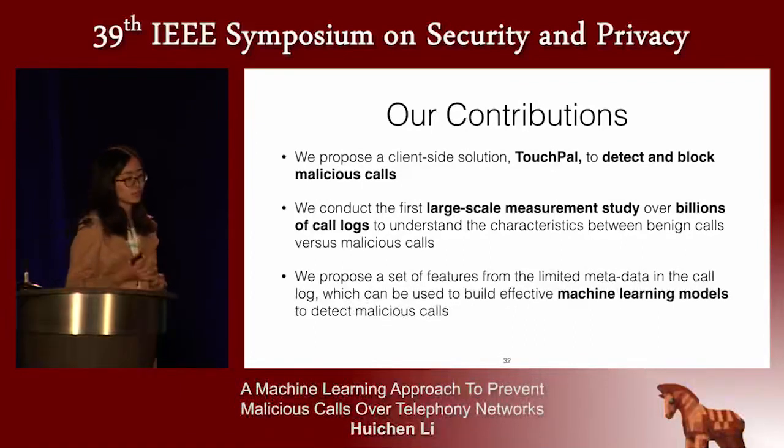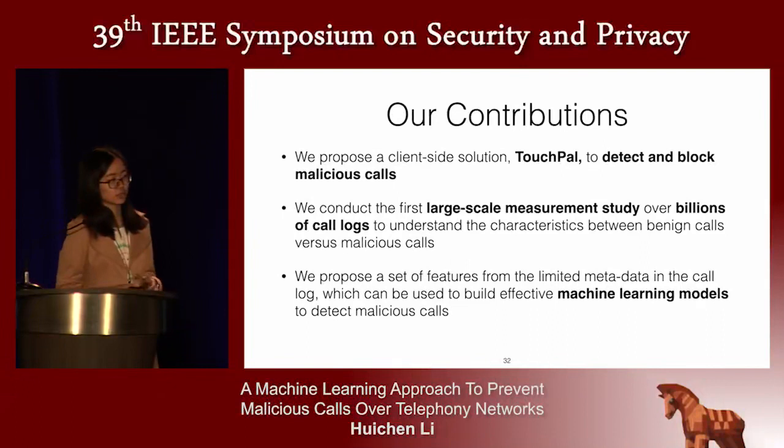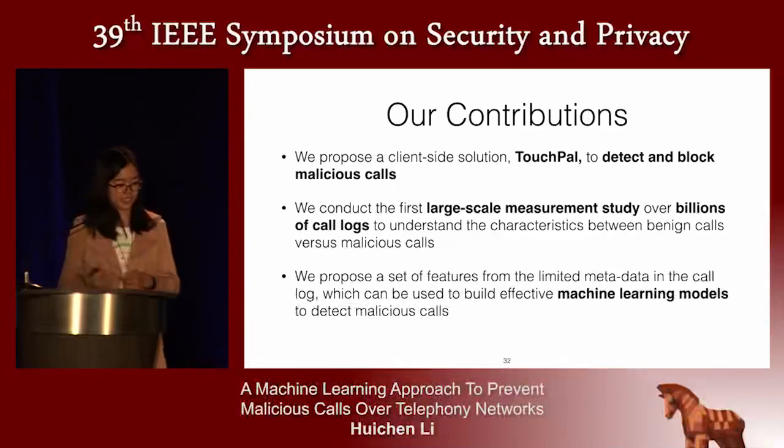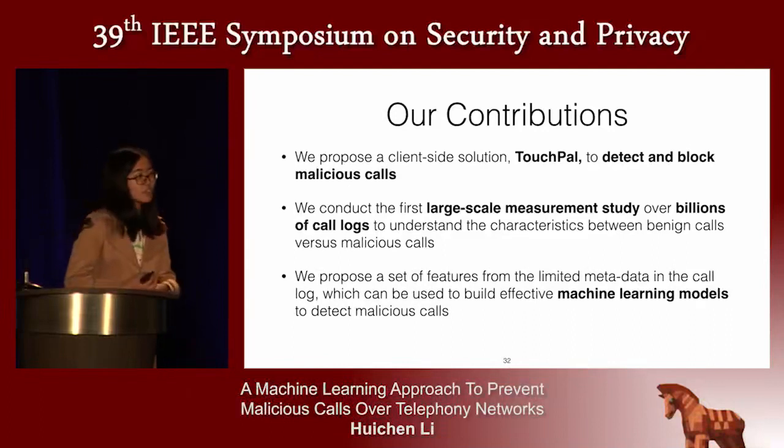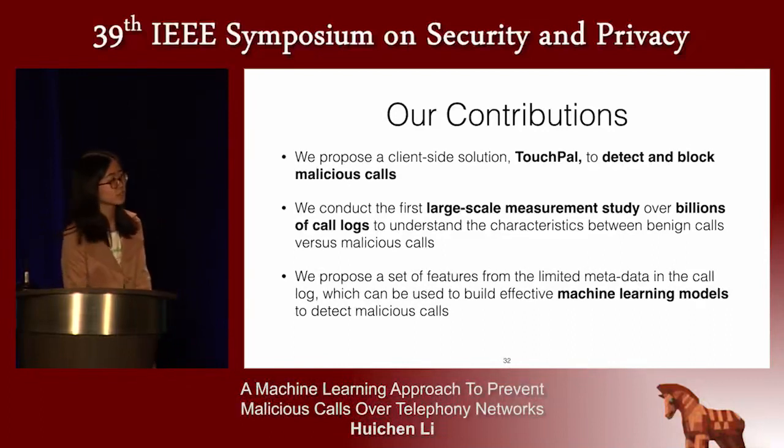For example, some people will post that this number has called unwanted calls to me or something like this. We have combined all this information to make sure the label set is as complete as possible. Does this answer your question? Thanks.